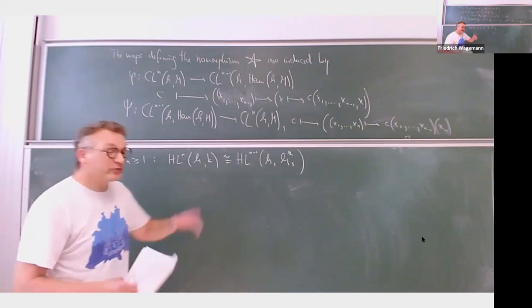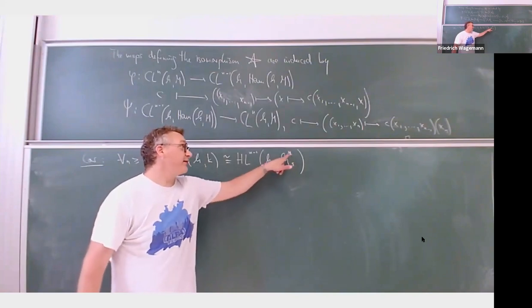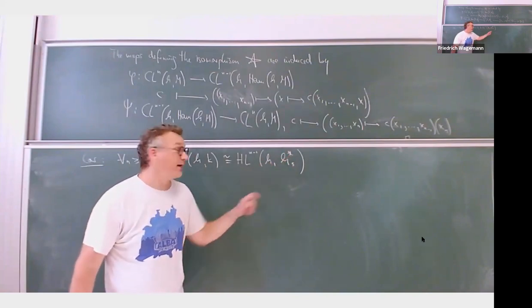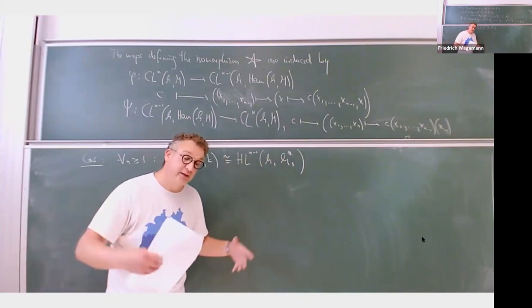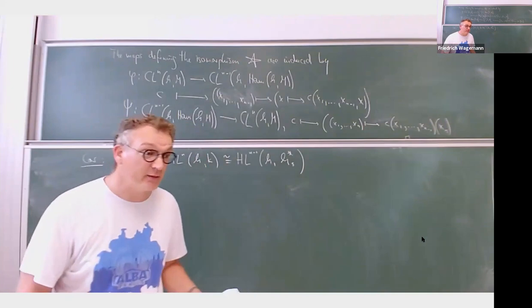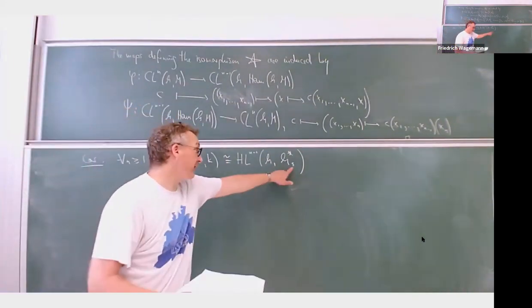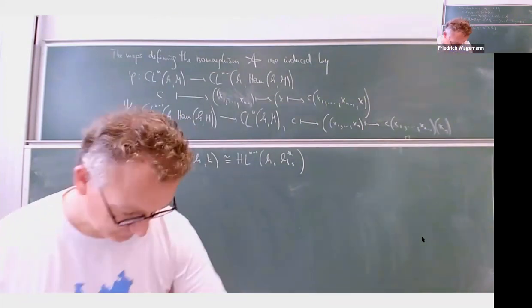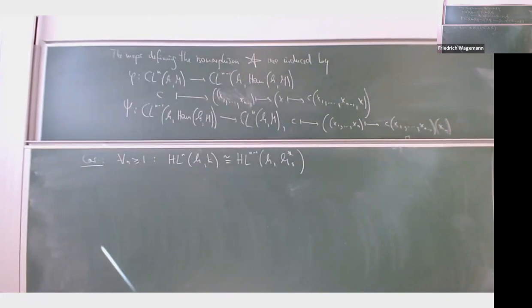But I don't take this bimodule. I take only the left module of H star, and then I extend it to a bimodule by putting the right operation equal to minus the left operation. This is why I put it as. Okay, maybe you have questions so far.